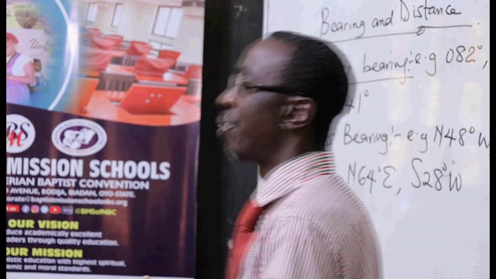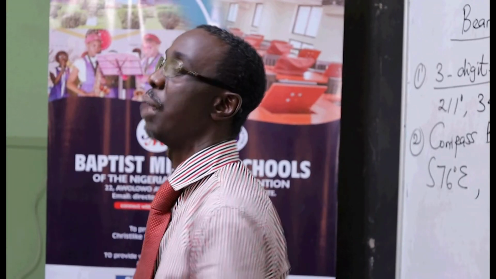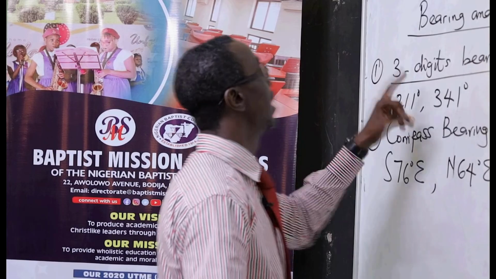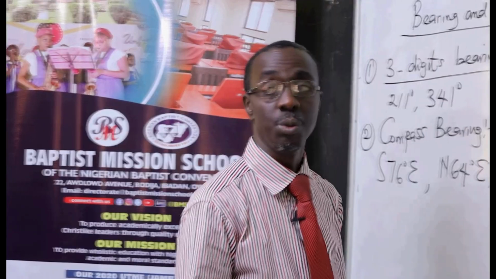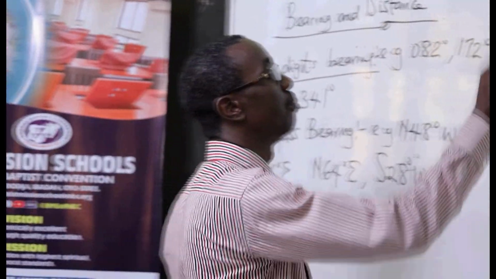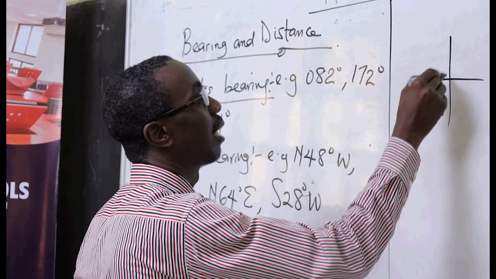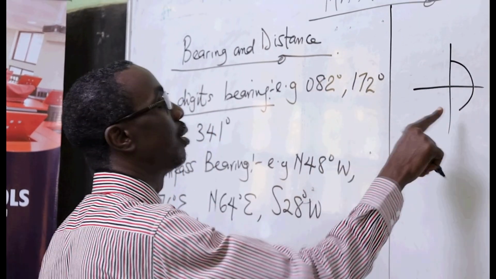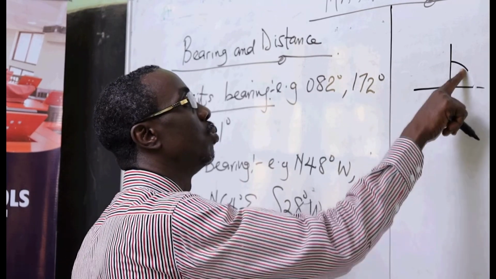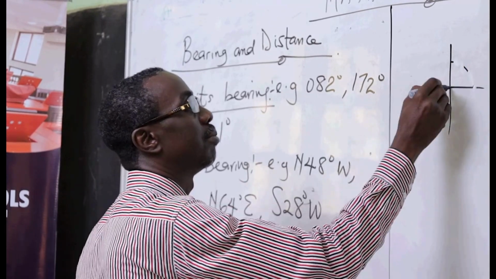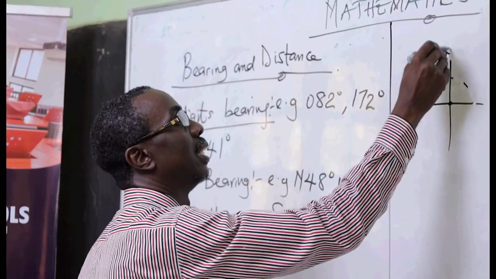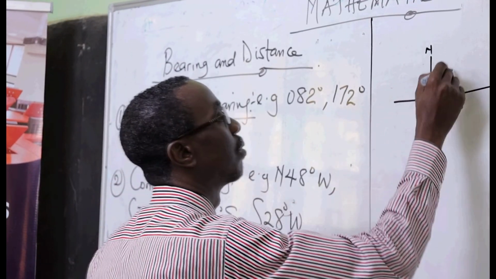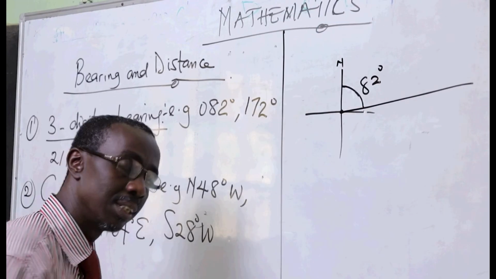And another emphasis is that when you are measuring your angle for a 3-digit bearing, you should measure from the north in the clockwise direction. For 82, for instance, 82 will go this way. This is my cardinal point, this is the north, and 82 should go this way. Of course, this is 82 degrees.